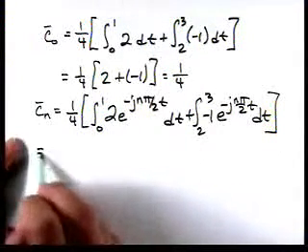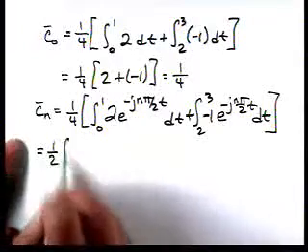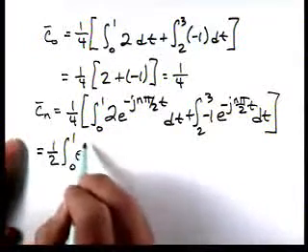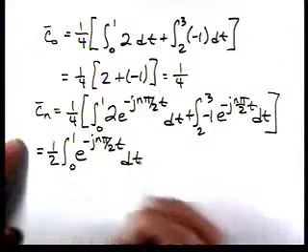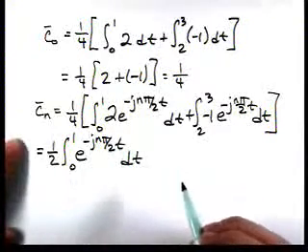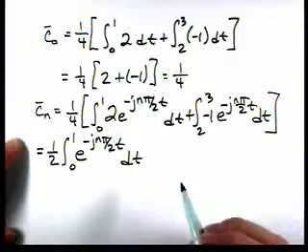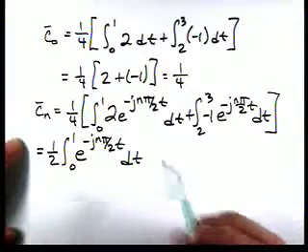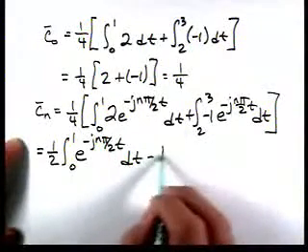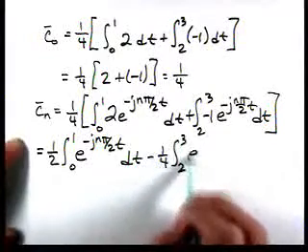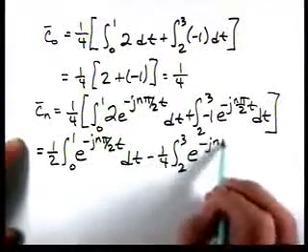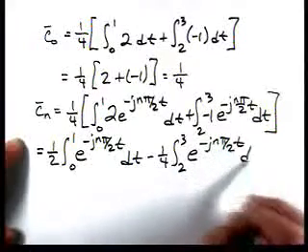If we rearrange this, we have 1/2 integral from 0 to 1 of e to the minus j n pi over 2 t dt, and minus 1/4 times the integral from 2 to 3 of e to the minus j n pi over 2 t dt.